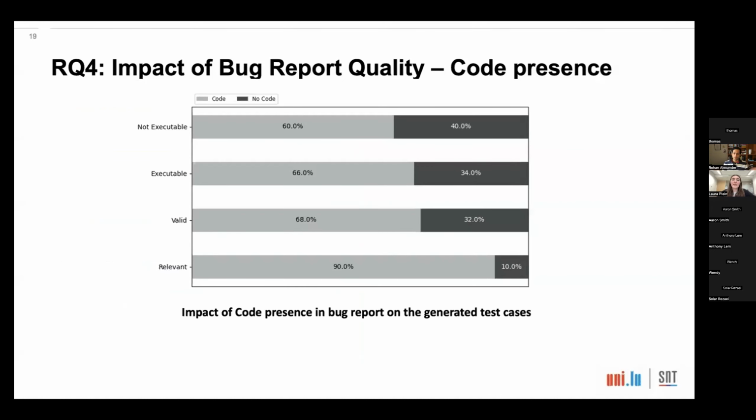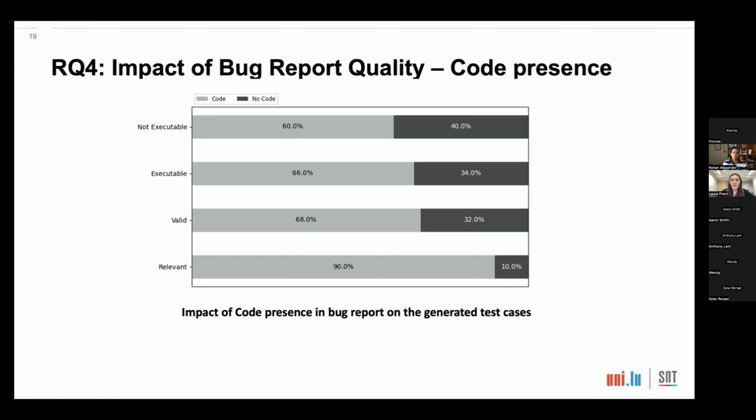Here we can see that for the non-executables, only 60% of the bug reports contained some code. If we look at all the bug reports that led to executable test cases, the proportion of code in the bug reports was already slightly bigger than for the non-executable ones. And again, we have the biggest difference for the relevant test cases.